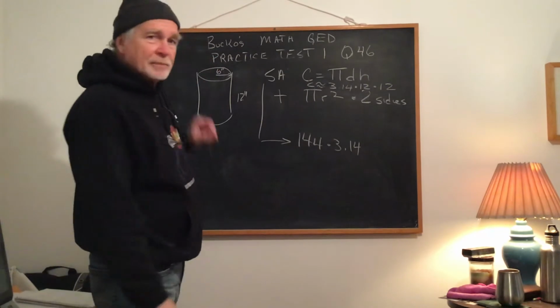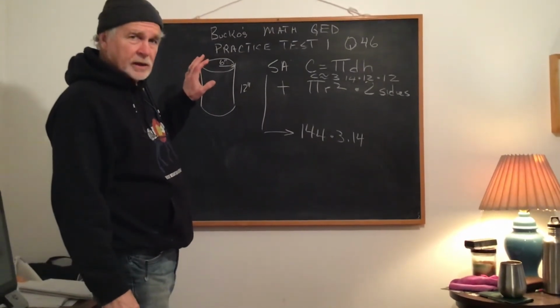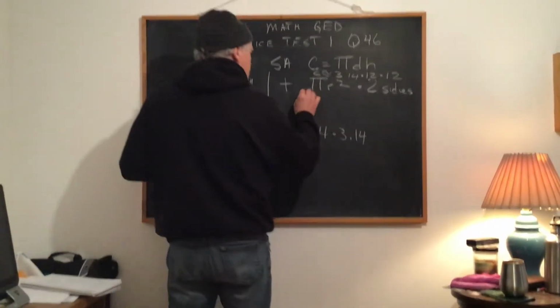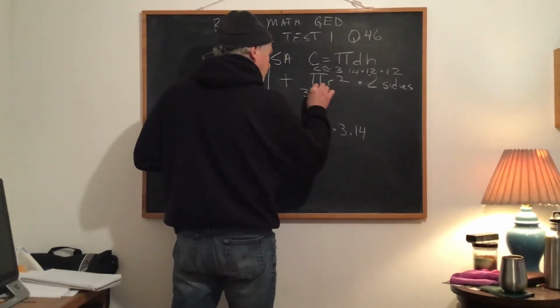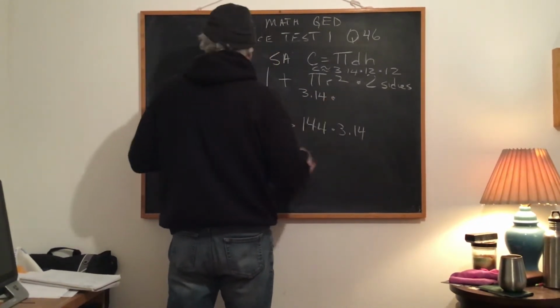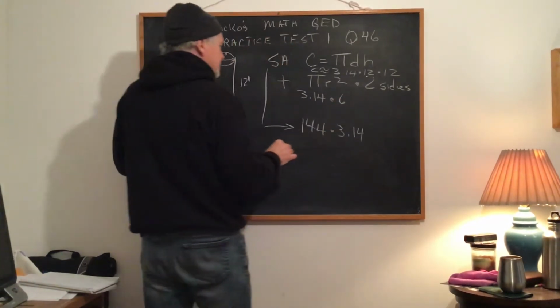Now we got to do the top and the bottom. Top is pi r squared, so it'd be 3.14 times a radius, which is 6. Now that 6 is going to be squared.